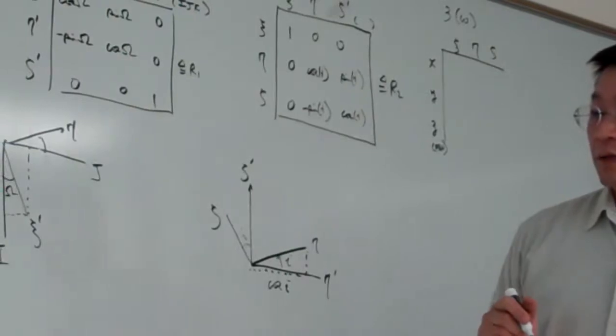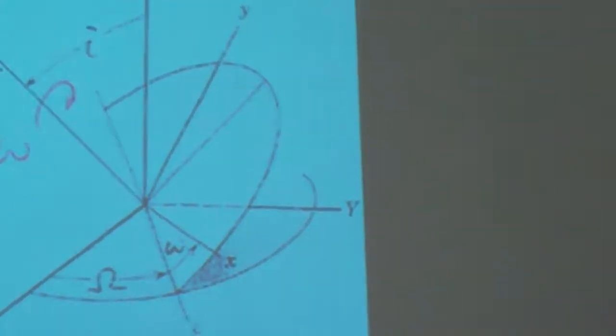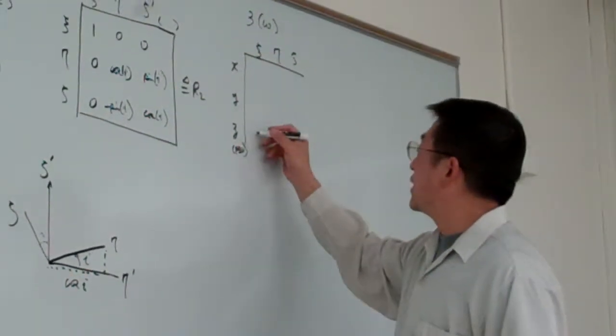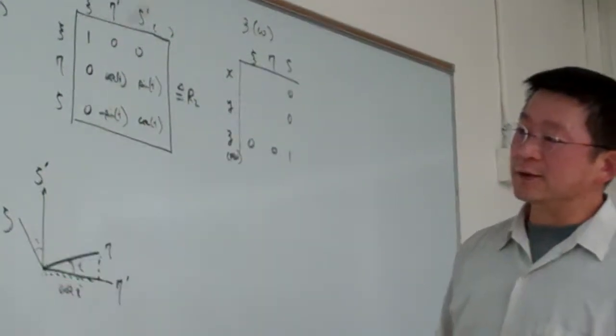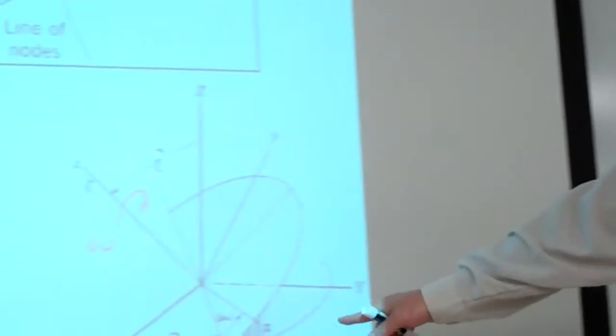Per our notations, we have the similar way, and right now we're rotating about the 3 axes, so that is 0, 0, 1.